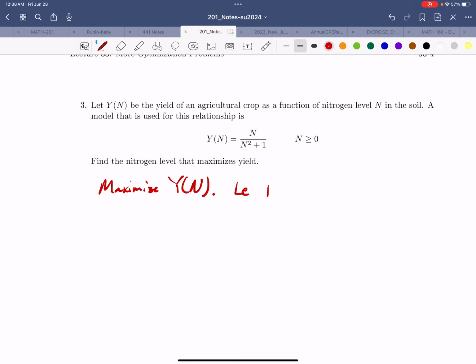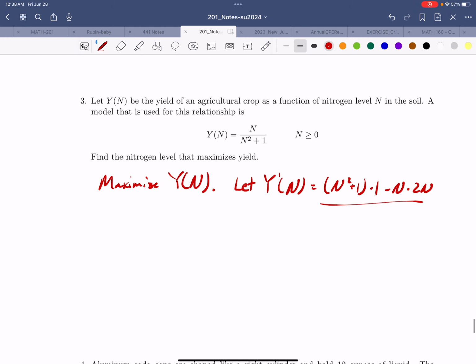We're just going to let y prime of n equal 0. Well, low d high minus high d low, all over low squared equals 0.